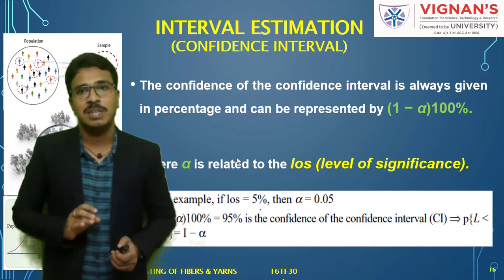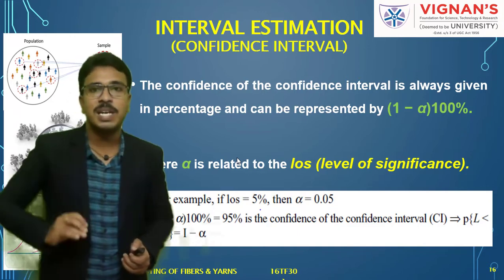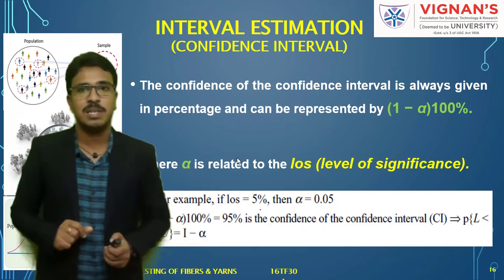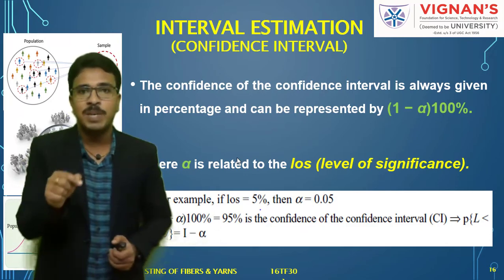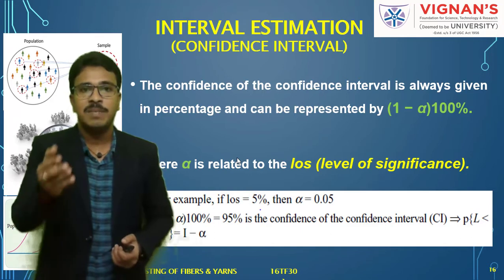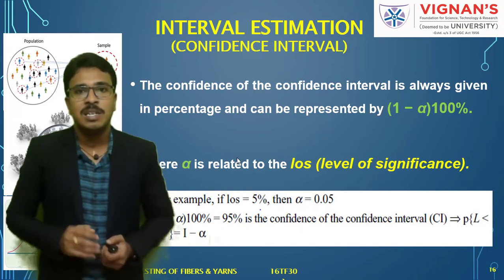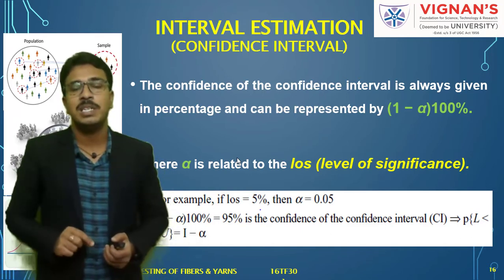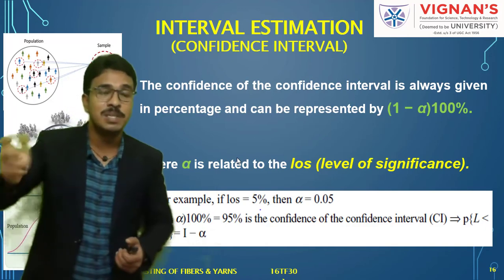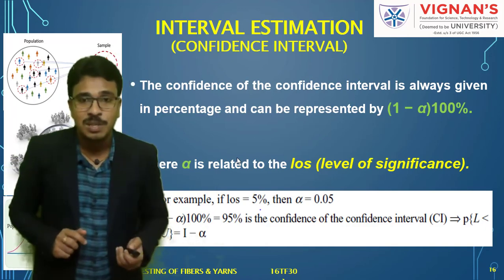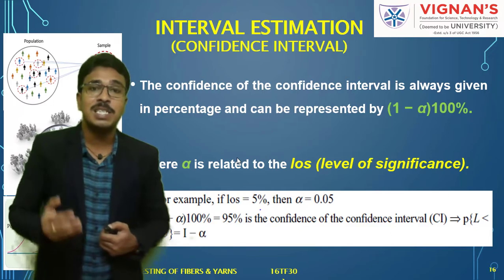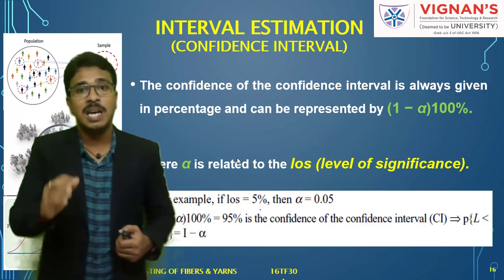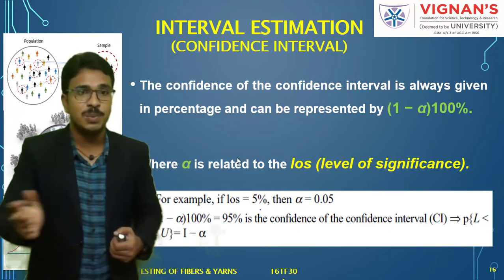Suppose you take the level of significance as 1%, then alpha becomes 0.01. If you calculate it, the confidence of the confidence interval is going to be 99%. Suppose you take the level of significance as 10%, then the alpha value becomes 0.10.